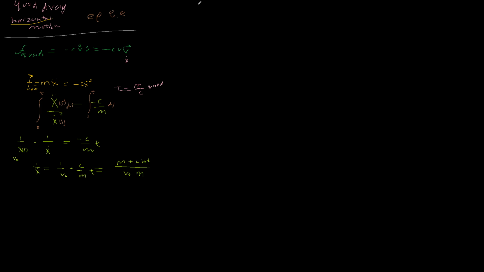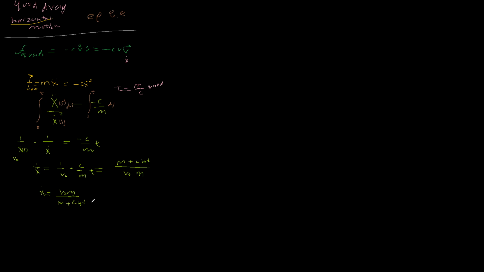That should give us that fraction. Then you want to swap to the reciprocal, so that's v naught times m over m plus c v naught t.